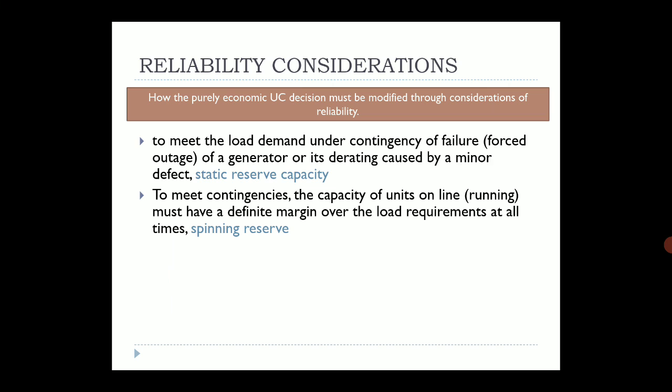We need to provide the consumer with a constant power with the same voltage and same frequency. So we cannot allow one unit to shut down and then start again. When it shuts down due to some fault, there should be some backup. So there are two types of backup: the static reserve capacity and the spinning reserve.